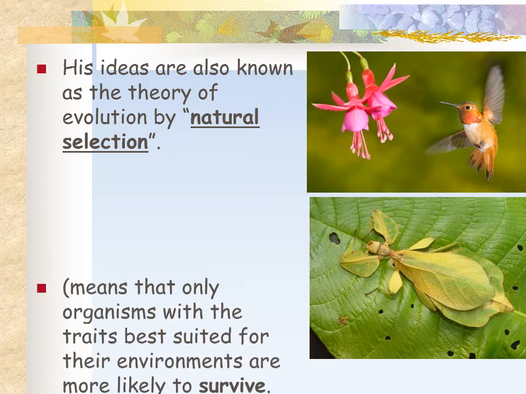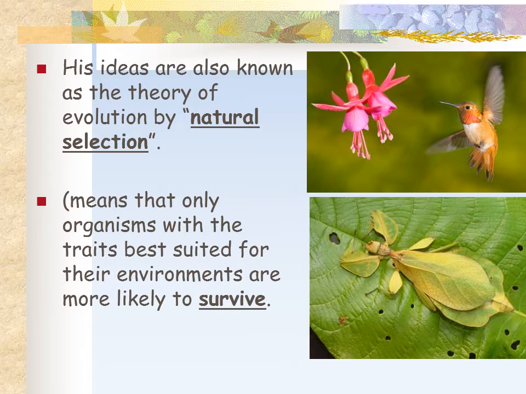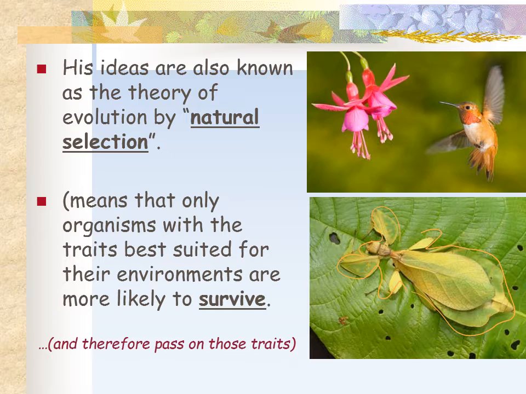There is more to say about this, but it basically means that only organisms with the traits best suited for their environments are more likely to survive. For instance, this leaf bug is well adapted to its environment because it blends in, it looks like a leaf. Or for instance, this bird beak is a very good adaptation for getting nectar from up inside these flowers.